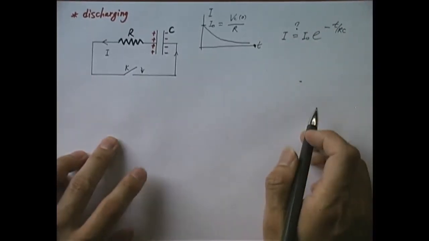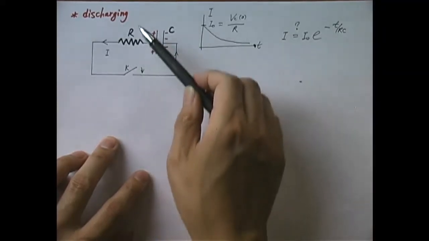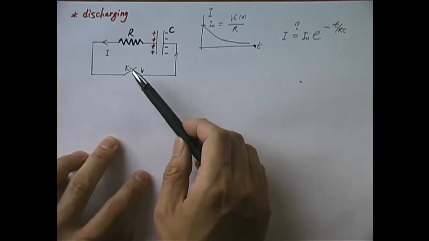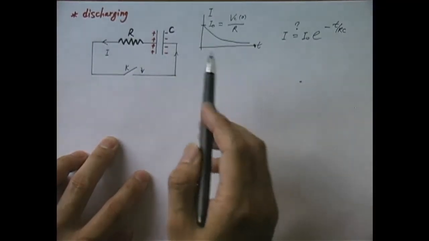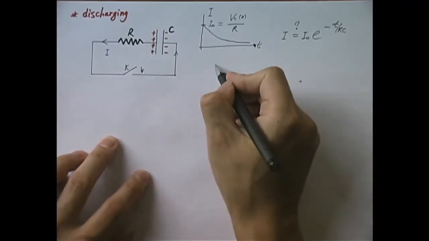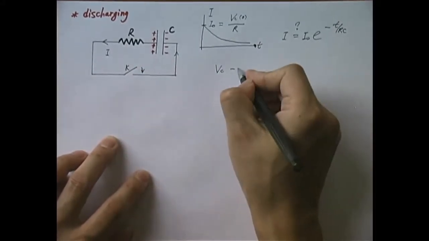Now what about VC and VR? Well, in this case, VC should go down, VR should also go down over time, but that doesn't mean you violate the loop rule, because after all, this time, as you go from here to there, you got VC. But as you go from here to there, you have the minus VR, right?